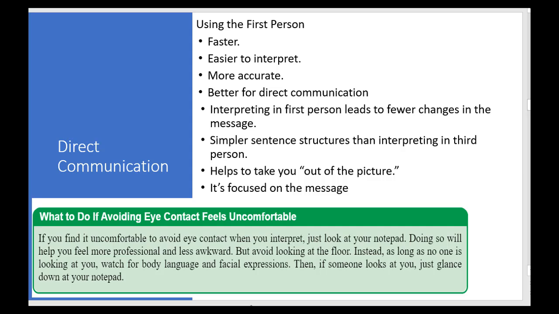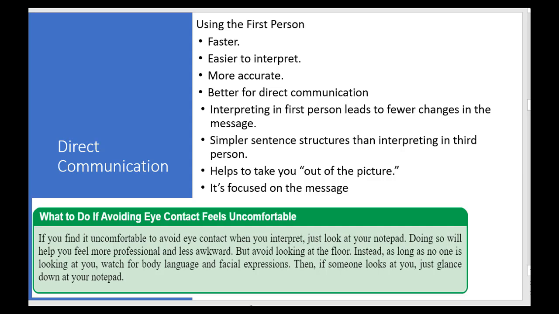Aside from being closer to direct communication, the communication that someone would have without the presence of an interpreter, using the first person is also faster. It's also easier to interpret. It allows for better accuracy. And we know that interpreting in the first person leads to fewer changes in the message, so fewer errors.